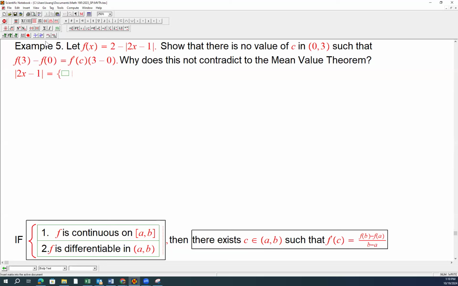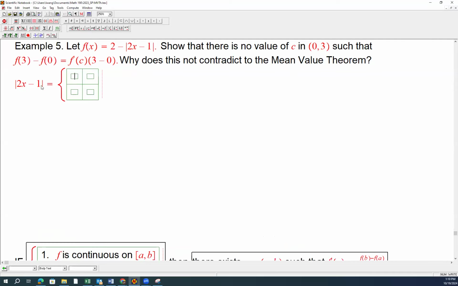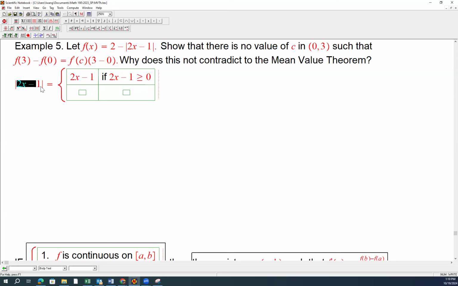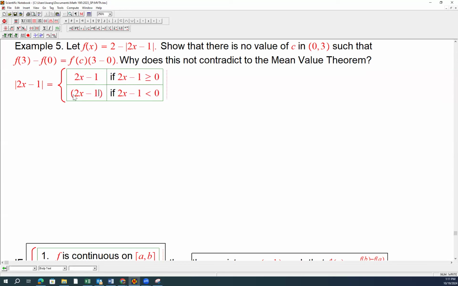If 2x minus 1 is positive or 0, the absolute value of 2x minus 1 is the same as 2x minus 1. But if 2x minus 1 is negative, the absolute value will be its opposite. We have a negative sign in front of it.